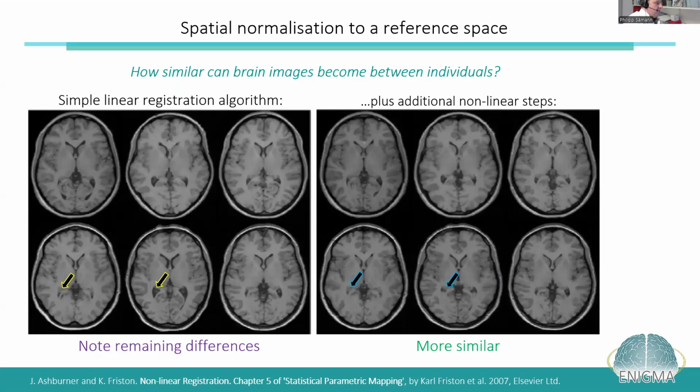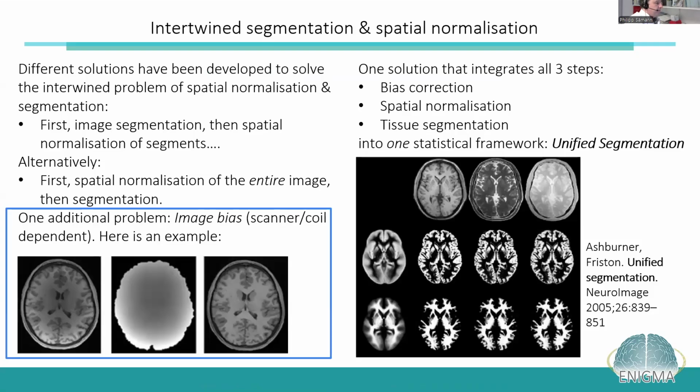Here in this example, you can see how adding these nonlinear steps can, for example, improve the correspondence of the ventricular space. So these yellow arrows still show quite marked differences between the fourth and the fifth individual, whereas adding nonlinear warping steps gives you a better agreement between these brains.